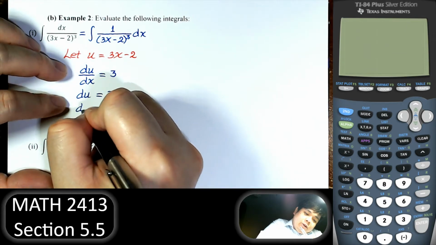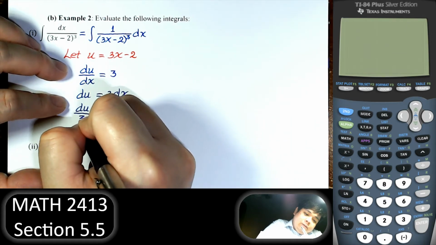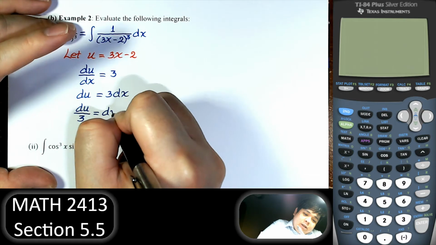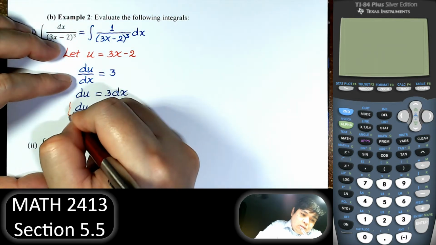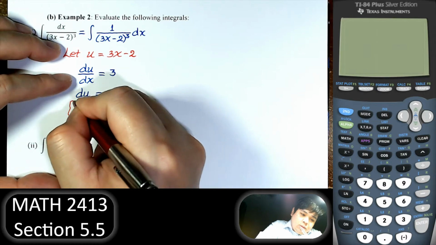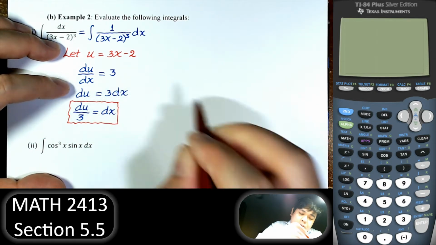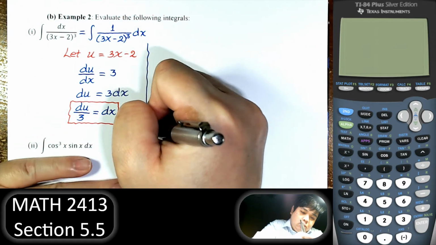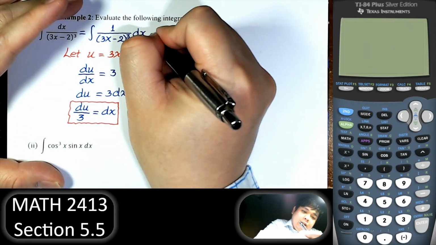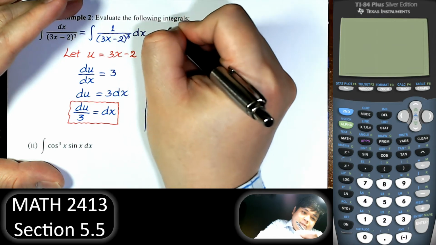So du over 3 is equal to dx. Then we can continue our problem.